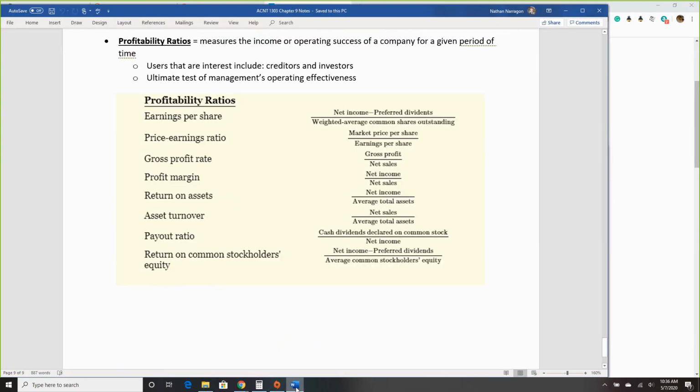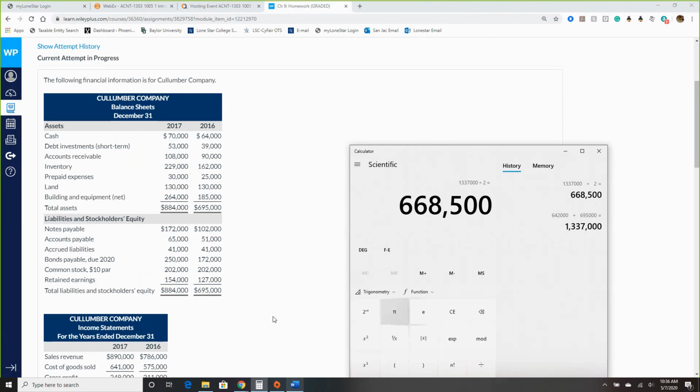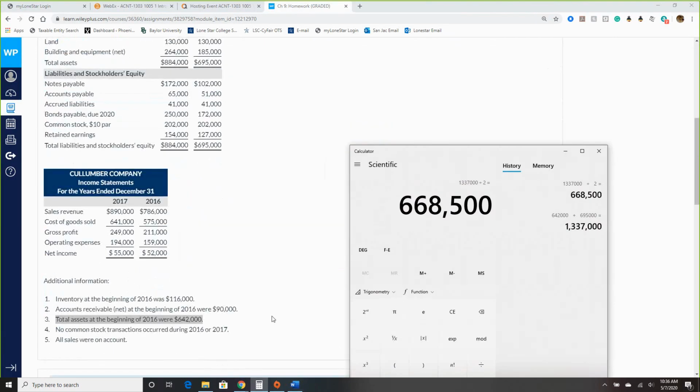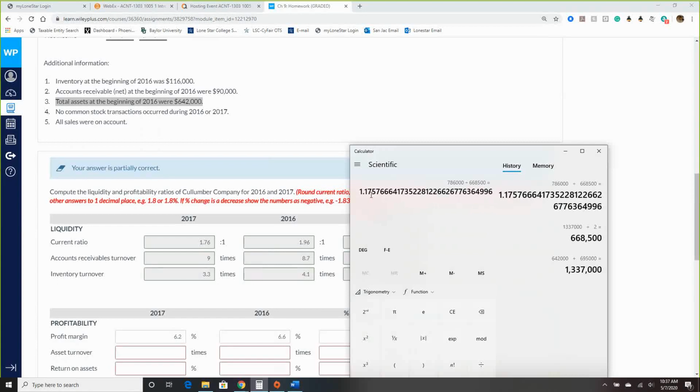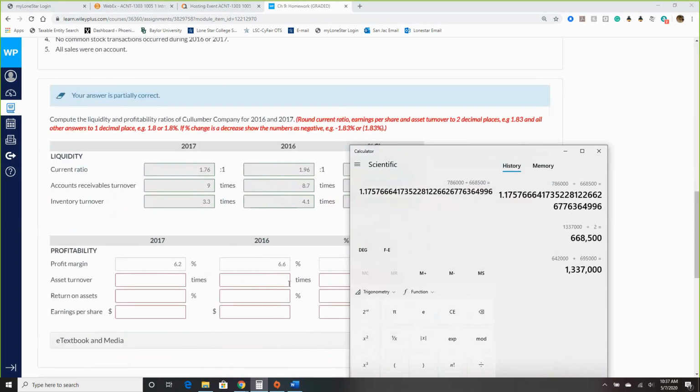Again, this is net sales divided by it. So 786 divided by 668,500 ends up being 1.18. Two decimal places for this one.